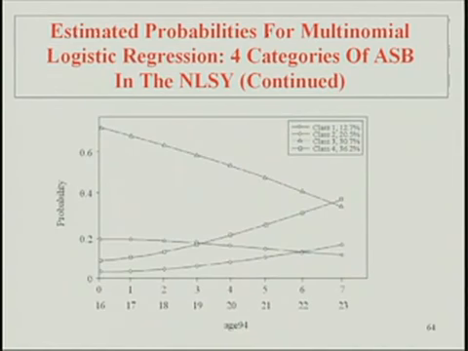The top class here is the person offense class. Then the second one is the property offense class. The third is no offense class. And the last is the drug offense class.